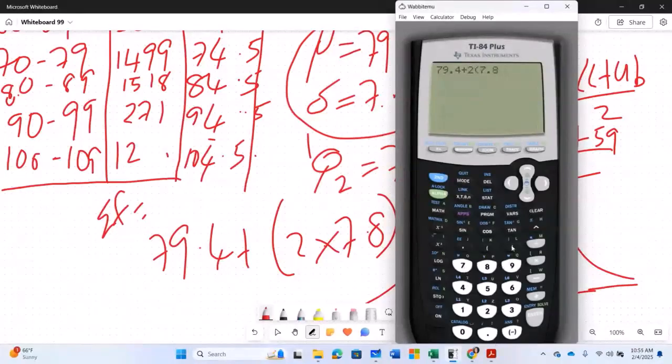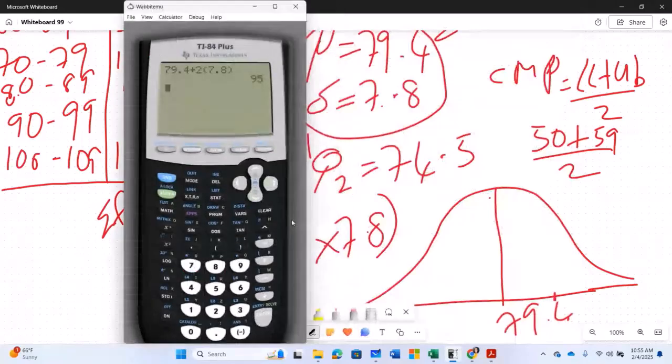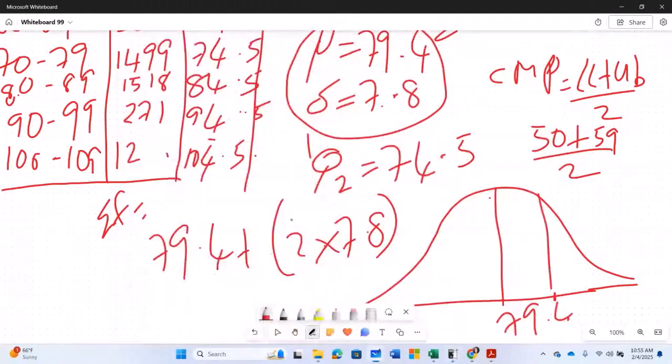So the number to the right of the mean is 95. We put this number 95 right here, approximately 95.